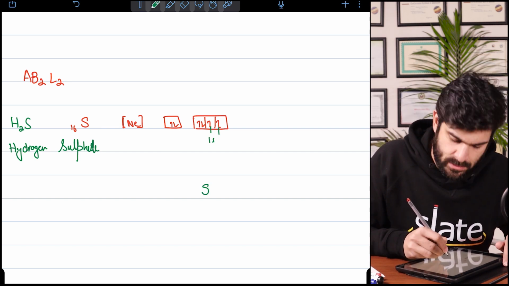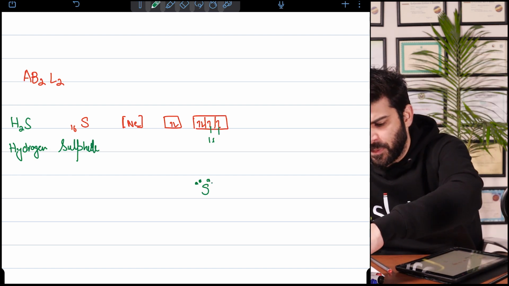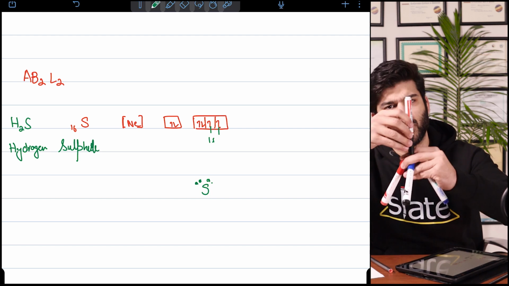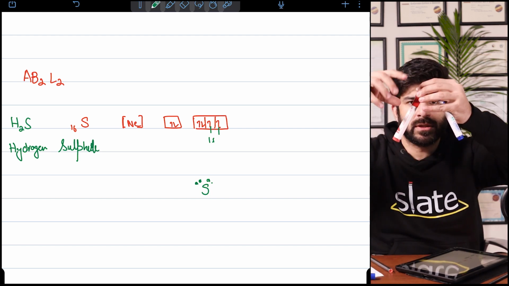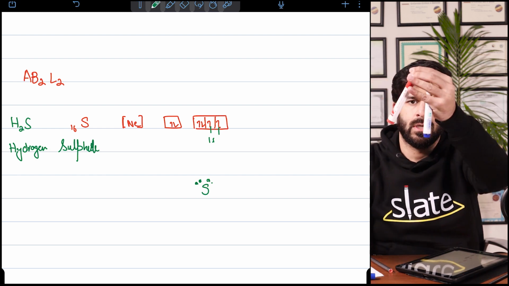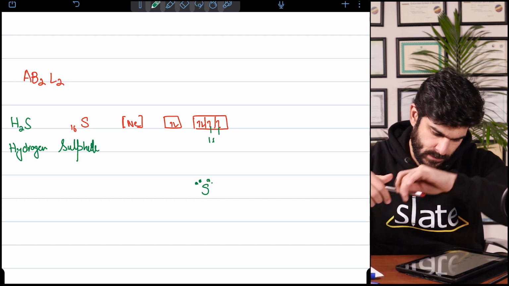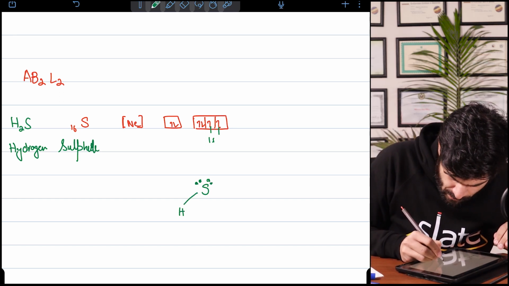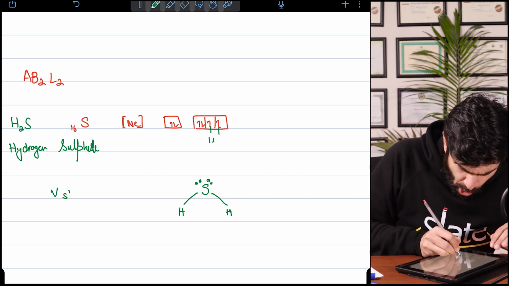So S, lone pair. Let's see what happens. It was this way and this way. This got removed, lone pairs. V shape. Again, this one is also V-shaped or bent.